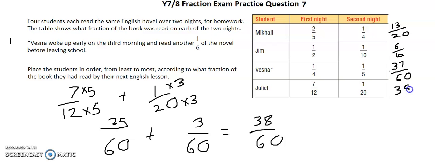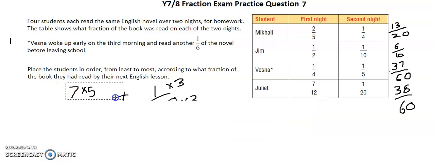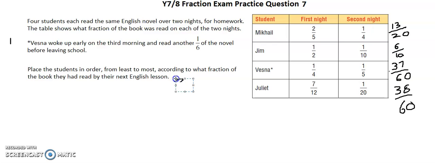So 38 over 60. Now I've got all of the amounts of the book read, but I haven't put them into the same size. So I've got 2 out of 60 pieces. I want Jim to also be out of 60. So I look at what I need to do to 10 to get it to 60.